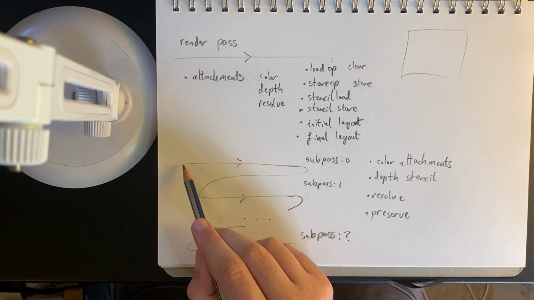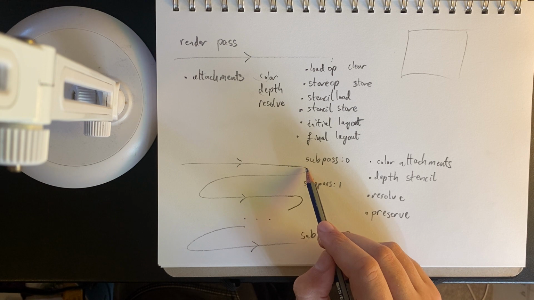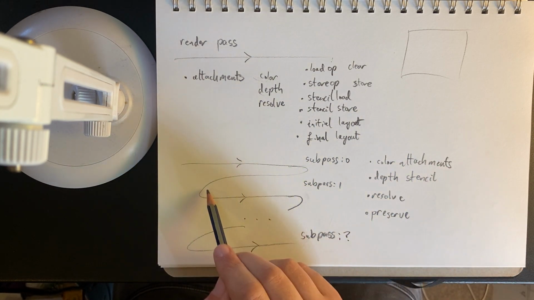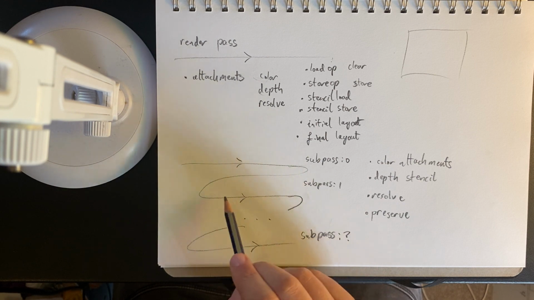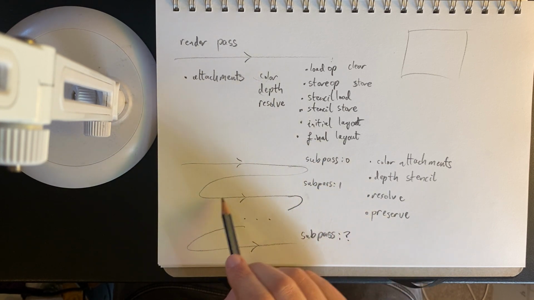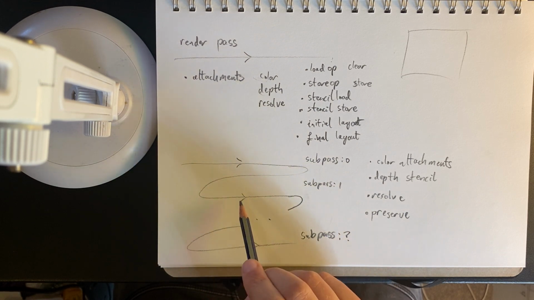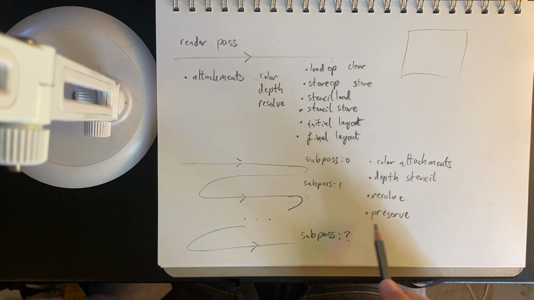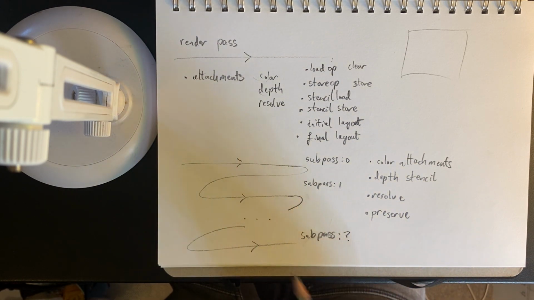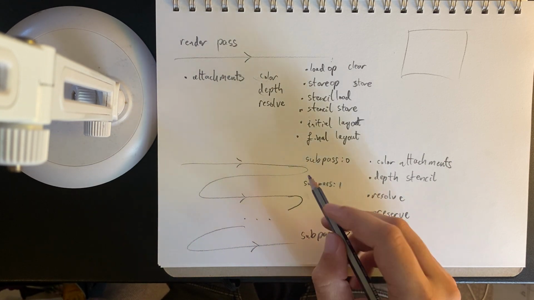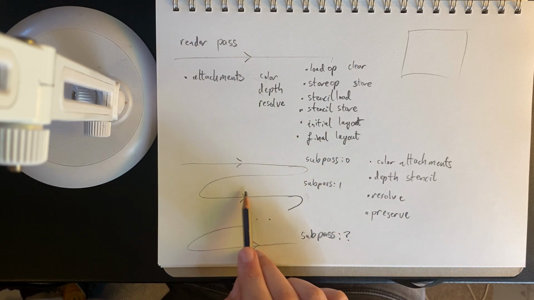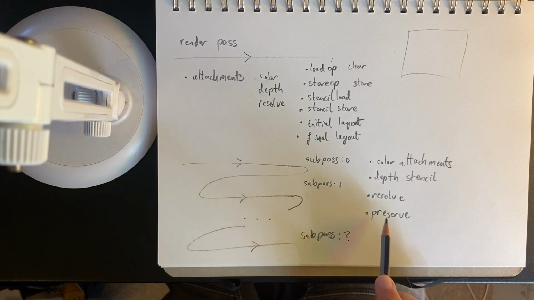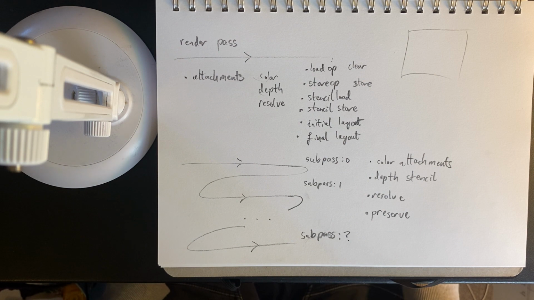So let's say we run this and we write some data to the color buffer, which we want to read in subpass 1. So subpass 1's attachments will be the color buffer that was attached to subpass 0. If we want to run something through and keep it, but not alter it, that's a preserve attachment. So let's say I have 2 color attachments here and I only want to work with color attachment 0 in this one, then color attachment 1 will be read as a preserve attachment in subpass 1.